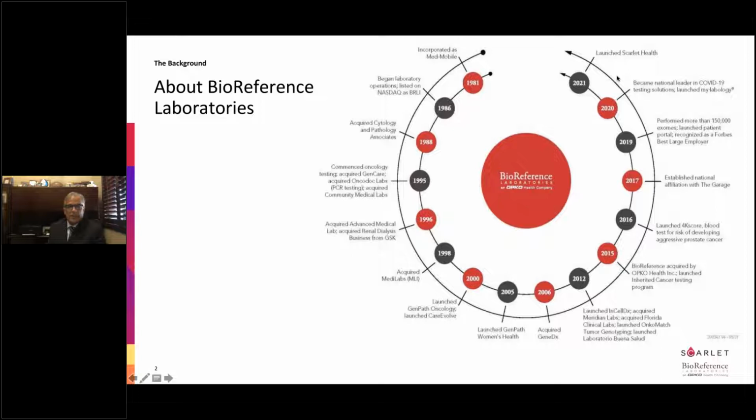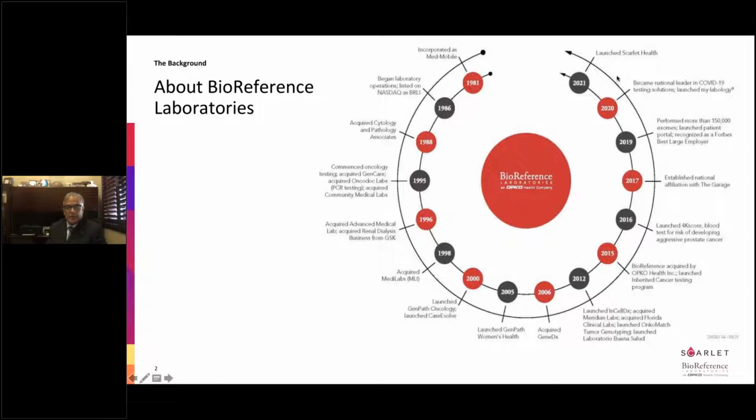So in 1995, several acquisitions to continue its growth. In 1996, it acquired Advanced Medical Labs and the renal dialysis division of GSK. Those of us who've been in the industry for a very long time will know that as GlaxoSmithKline Laboratories. Two years later, in 1998, it acquired Medilabs up in the Northeast also.